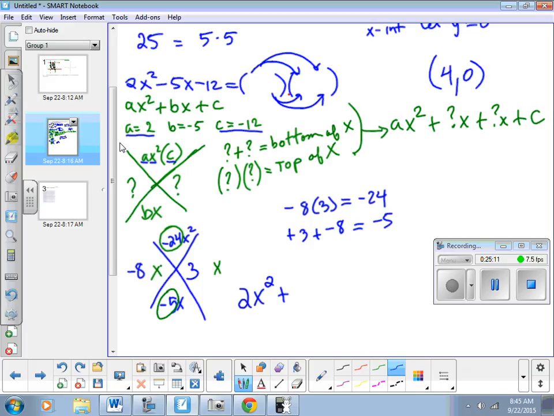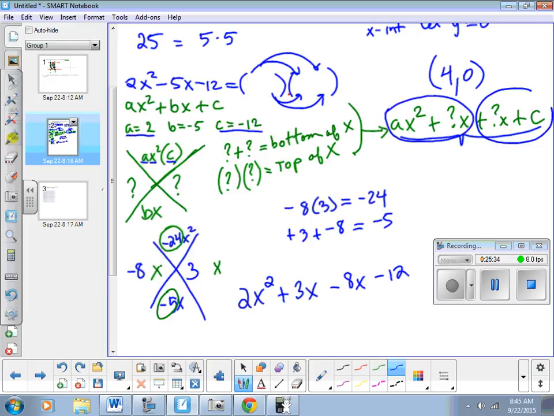Okay, let's just put the 3 over here. And don't worry, if you put the negative 8x right there, that's fine. We're still going to get the same thing, okay? Then we'll put the negative 8x. And then what's the c value? Negative 12. All right, and then from here, you're going to do factoring by what is called grouping.